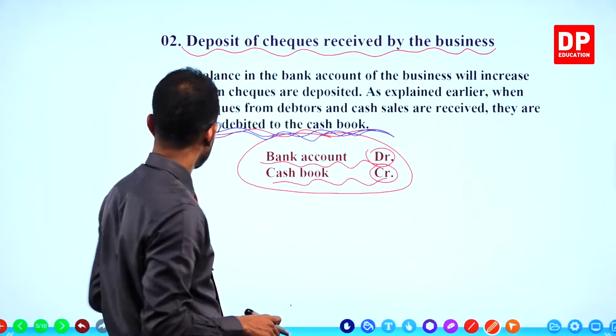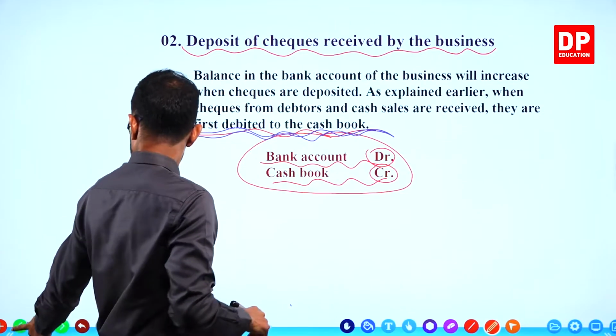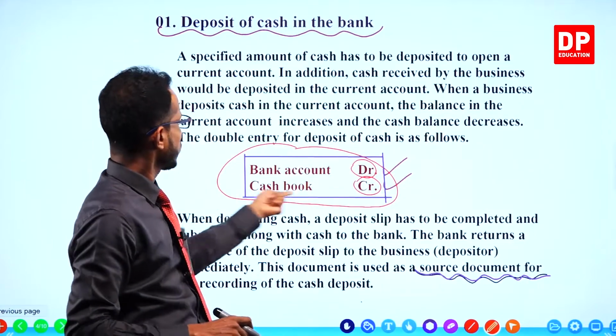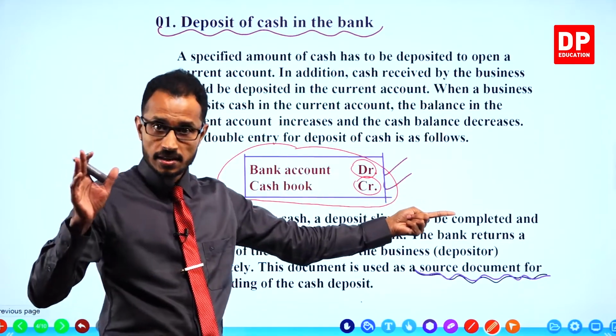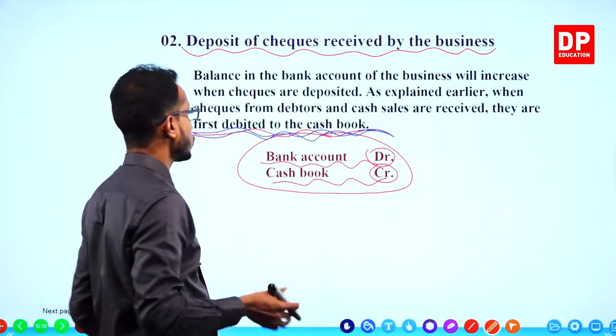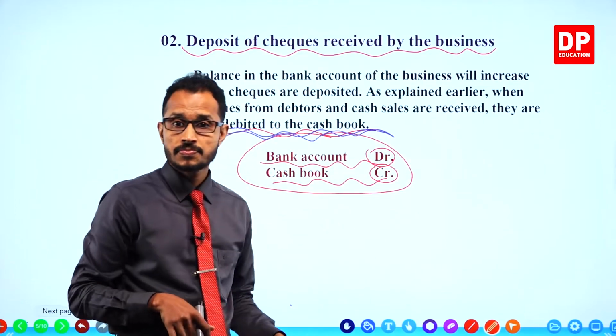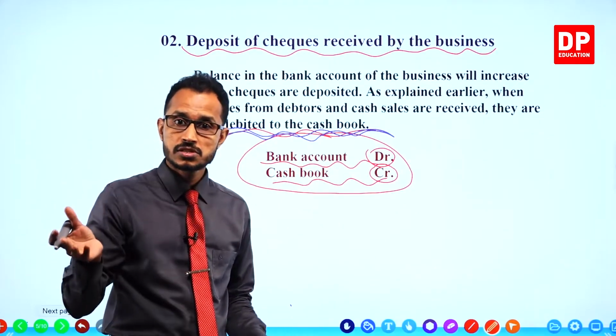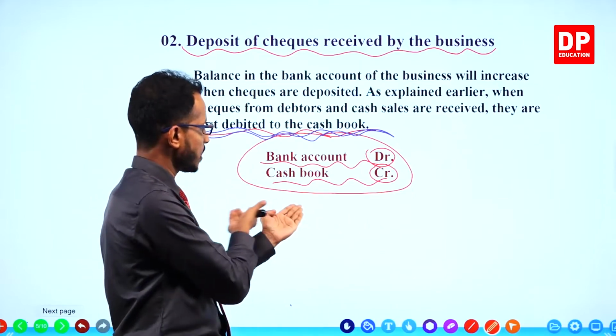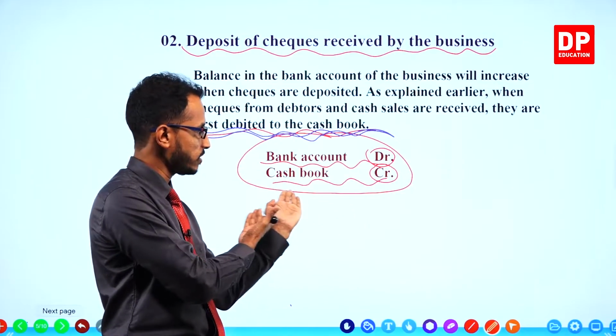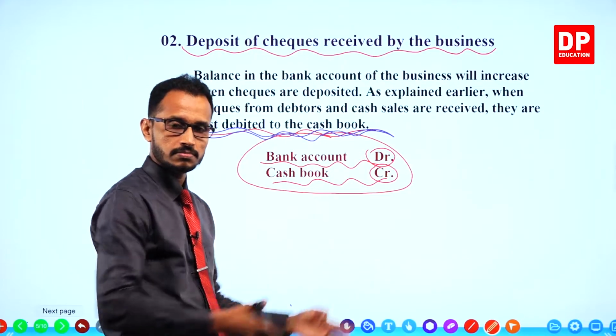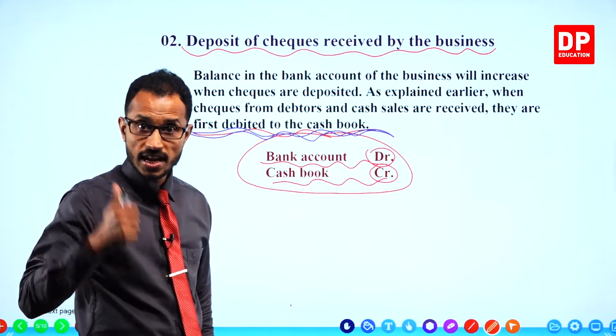So children, cash deposits and check deposits have the same double entry. That's what you should realize.